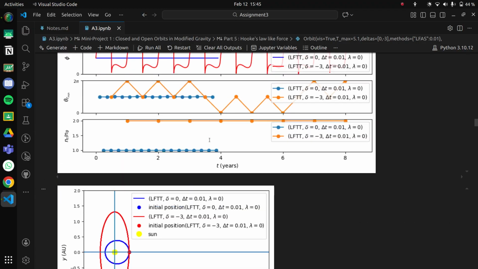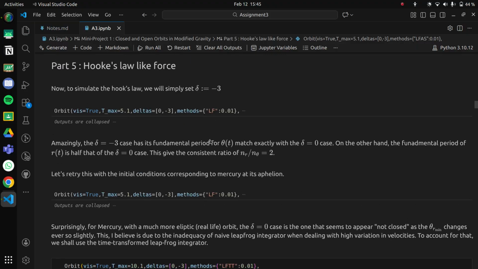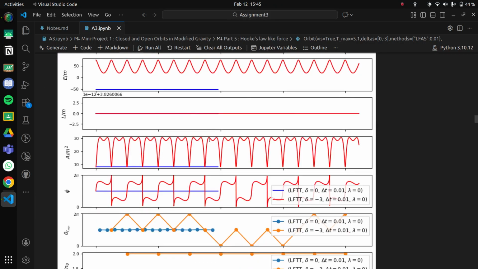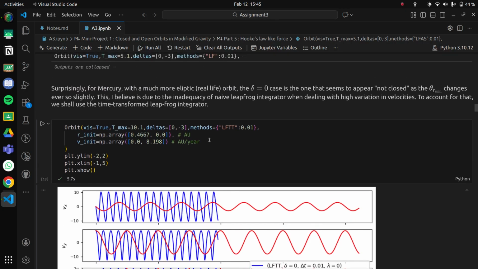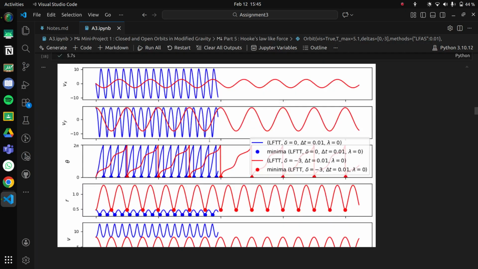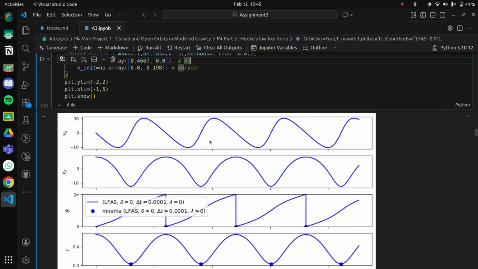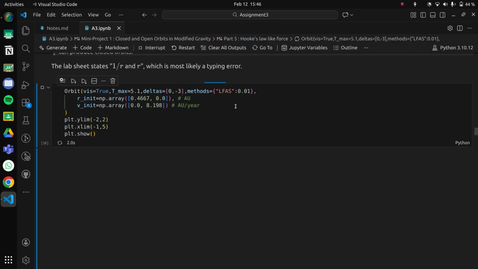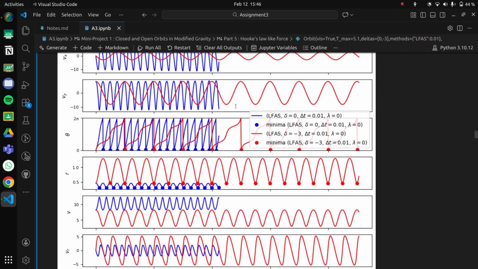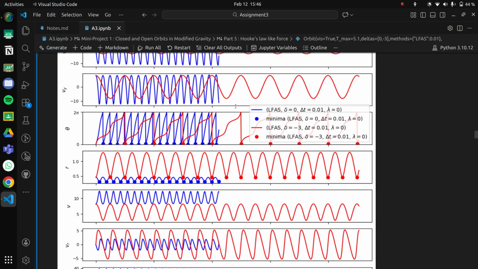I think it was 0.001, right? No, it was 0.01. Fine. So I'm just going to run it like that, 0.01. Looks fine to me, at least.